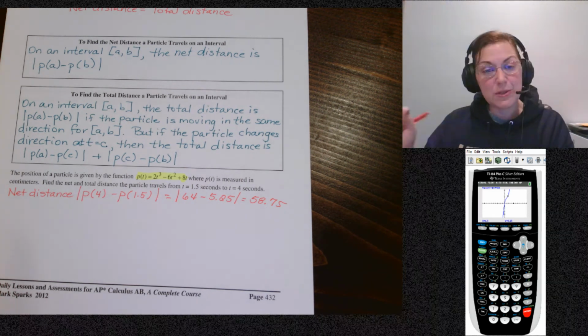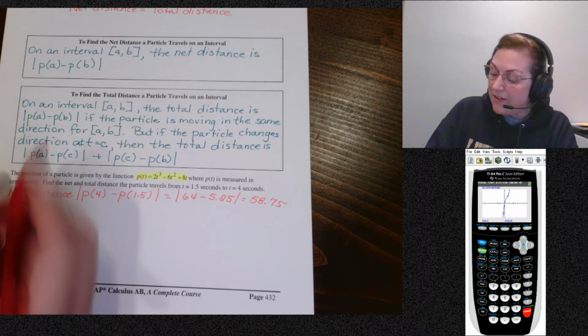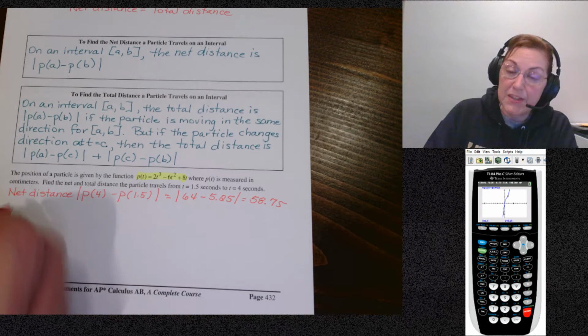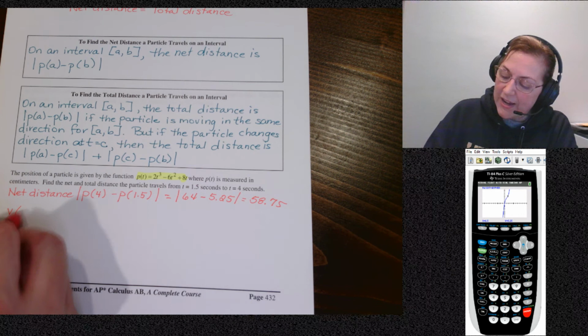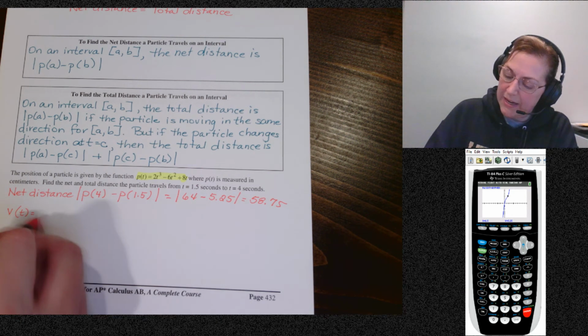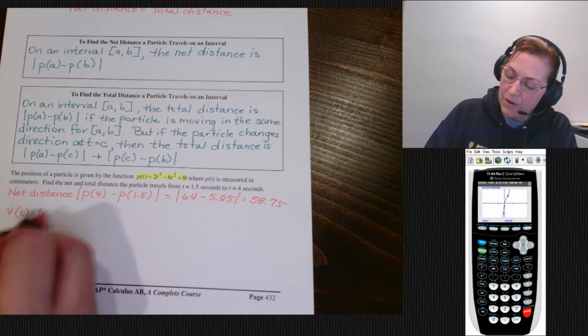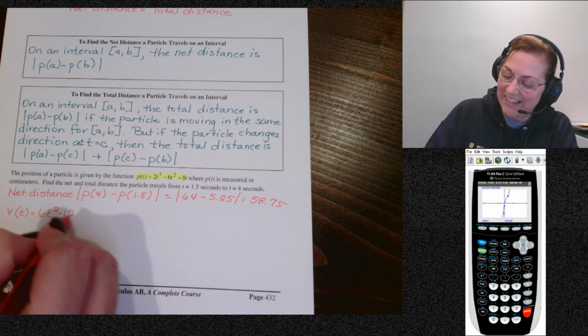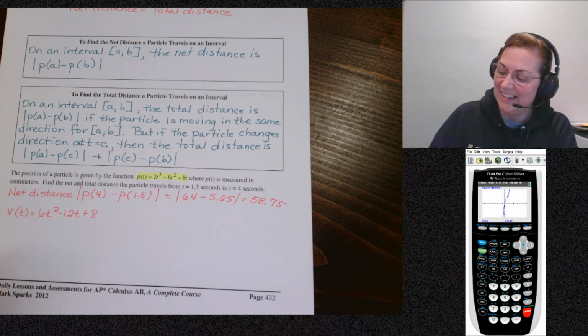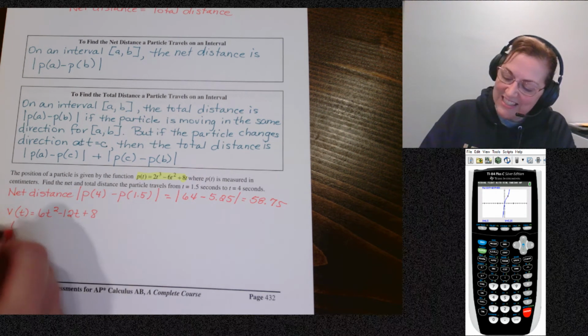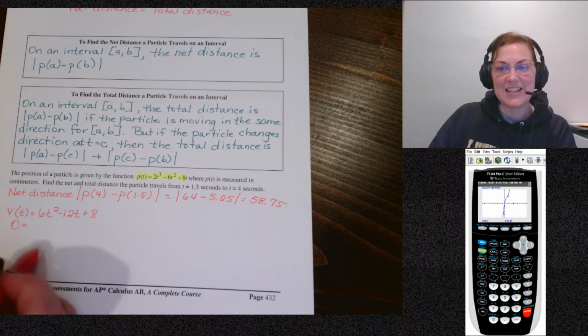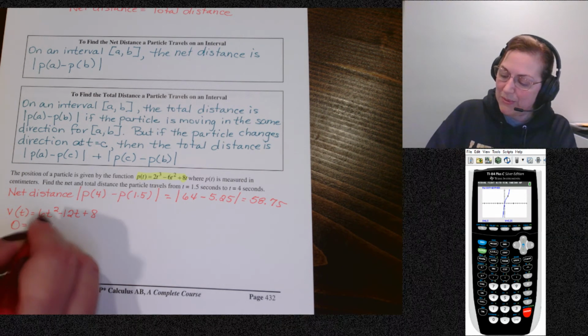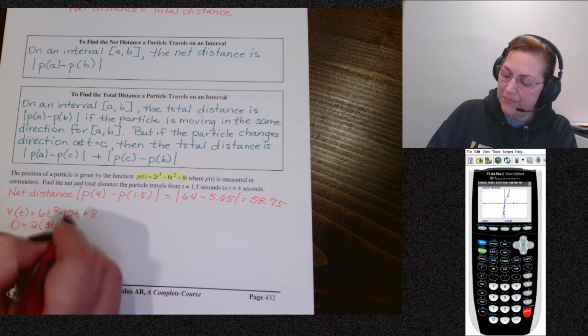Now before I do total distance, I have to check and see if this changes signs, if this changes direction. And the way I do that is to set the velocity equal to 0. First, I have to find the velocity. Now I'm going to set it equal to 0. It looks like this all divides by 2, so I'll factor out a 2.